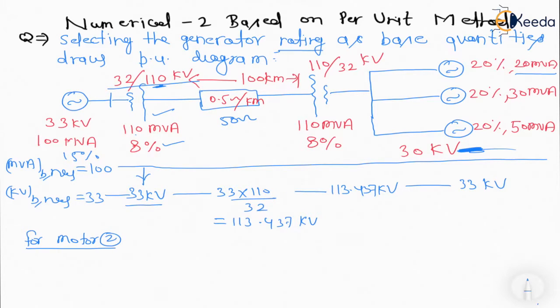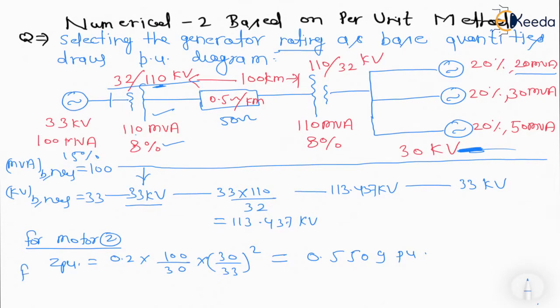For motor number 2, the ZPU will be equal to 0.2 into 100 upon 30 into 30 upon 33 squared, and this comes out to be 0.5509 per unit.